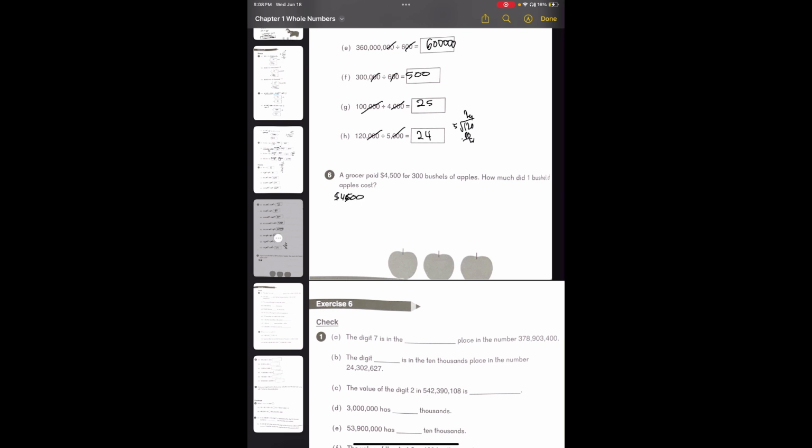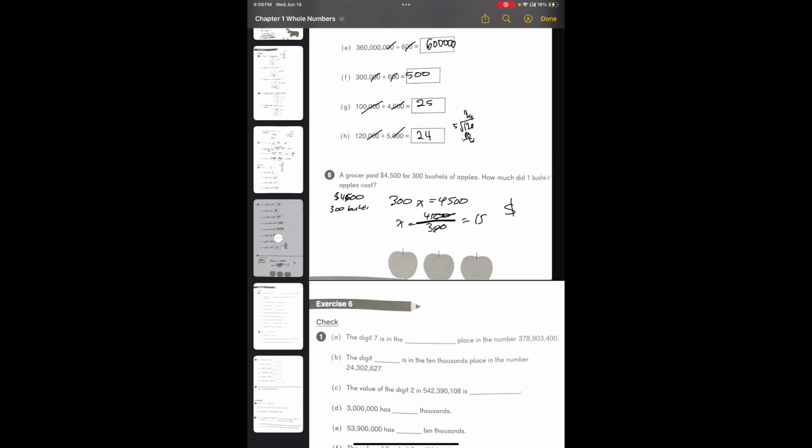I always find it helpful to list out what I know on the side as I'm reading this question. So 300 bushels. And how much did each bushel of apples cost? So just 300, and x for the cost equals 4500. So x equals 4500 over 300. Cross this out, equals 15. So each one cost $15.